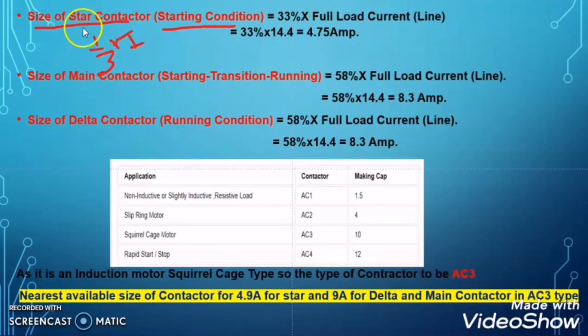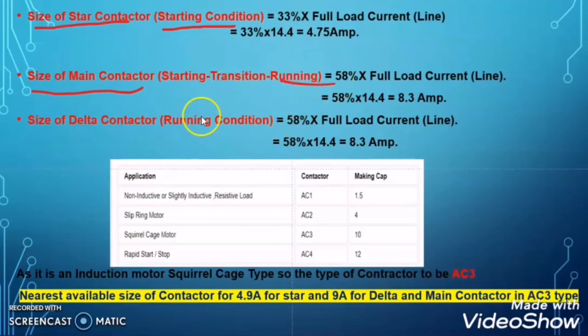So this star contactor deals with only 1/3 of the full load current. So the rating of the star contactor is 33% of full load current, that is 1/3 of full load current. It will be 4.75 ampere.